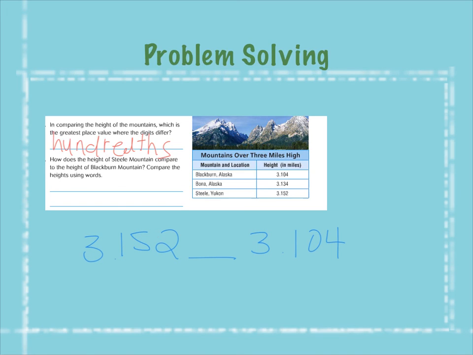Now I am looking here at the hundredths place. I can see this one is a 5 and this one is a 0. So that means that the Steel Mountain is greater than the Blackburn Mountain. To write this in words, I could just say Steel Mountain is greater than Blackburn Mountain.